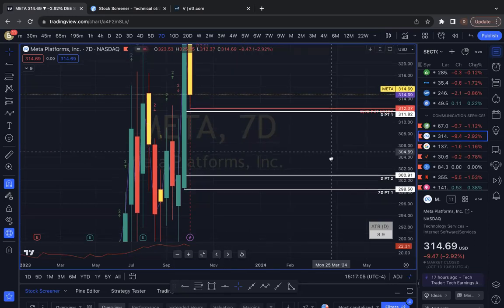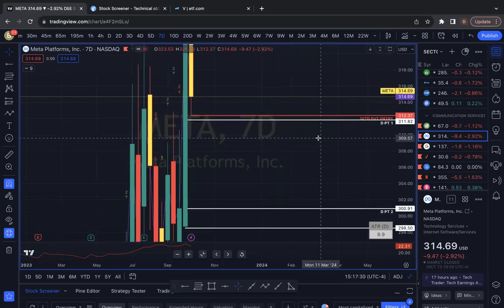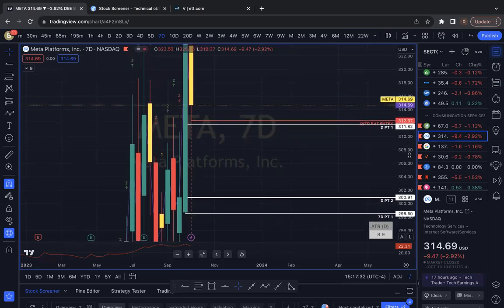So if I was a daily participant, and let's say I wanted to take it to this daily PT1, I know on a higher time frame, price is trying to get all the way down here to 298.50. So it has to pass my price target in the process to get down here. That gives me more confidence that my play would work, that I have the cards in my favor at that point.